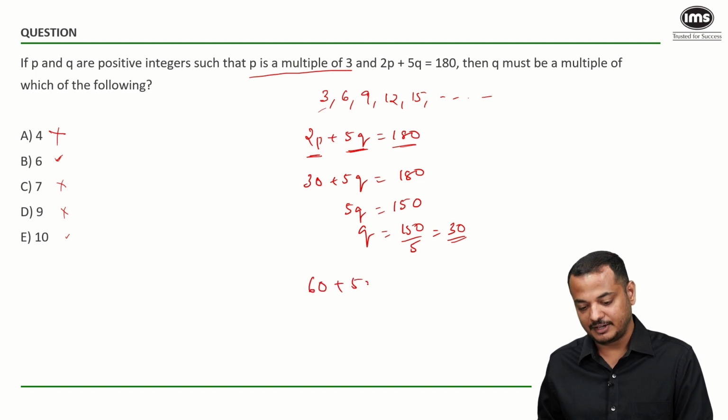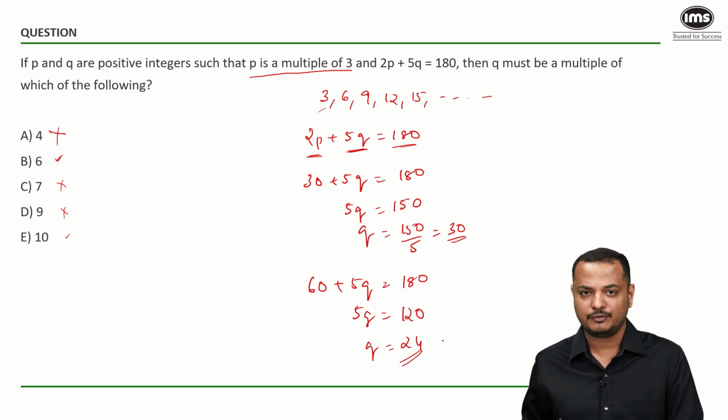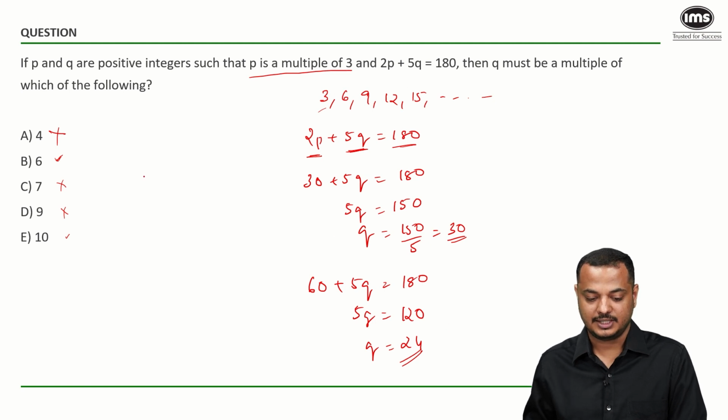So 60 plus 5Q equals 180, and when I solve this I will get 180 minus 60, which is 120, and Q is going to be 24. So this is another possible value of Q, 24. Now 24 is a multiple of 6 clearly. Out of the remaining options 6 and 10, 24 is a multiple of 6. So we can be sure that option B is going to be the answer.